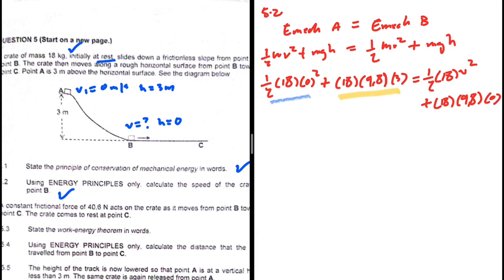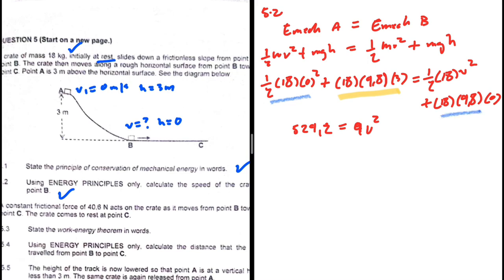So what is 18 multiplied by 9.8 multiplied by 3? That is 529.2. And this equals 18 over 2, that is 9 v squared.